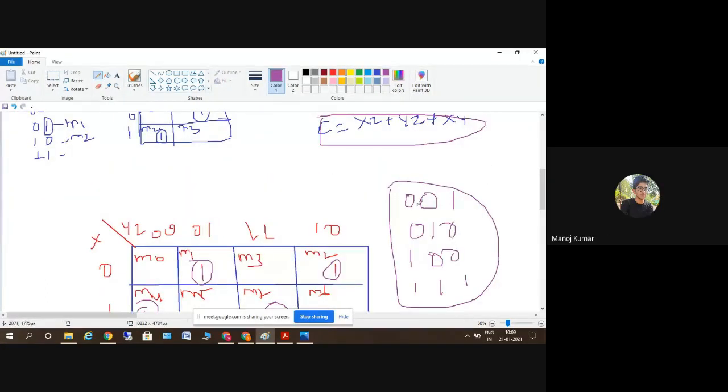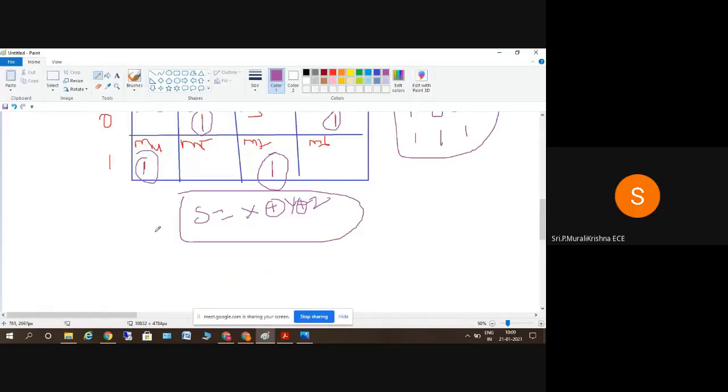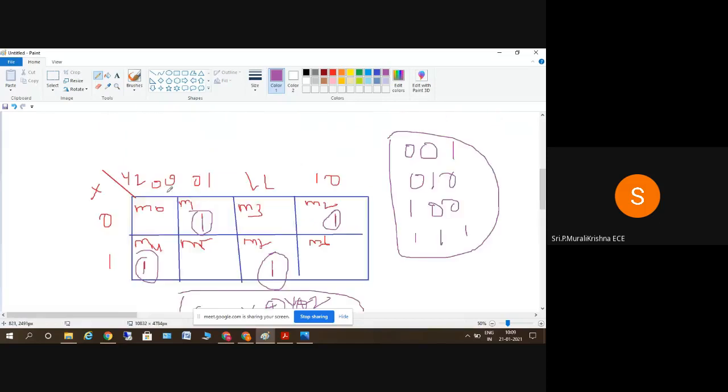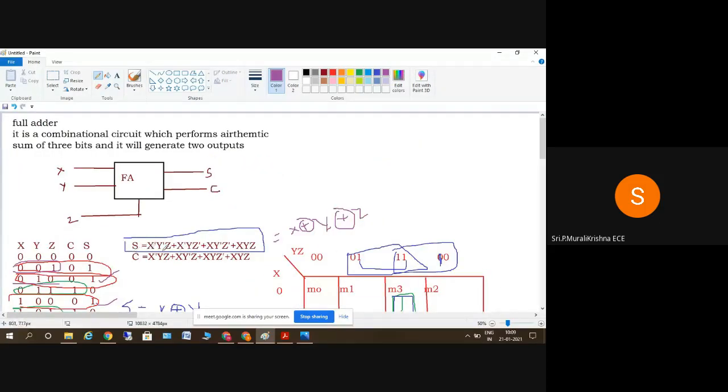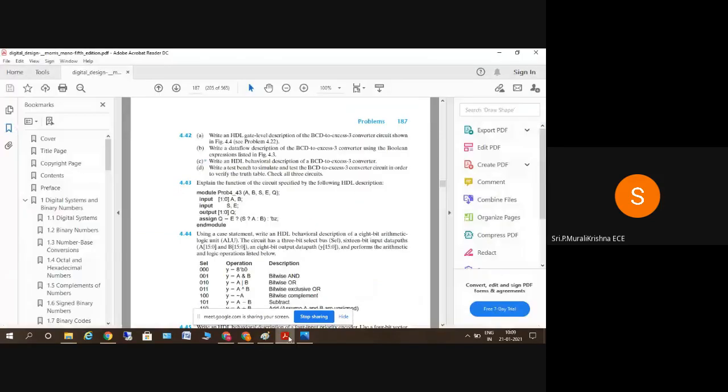Yes, sir. I need a logic diagram here, so let me just draw the logic diagrams. You can draw the implementation of this like this, using the AND gates here. Why waste the time?